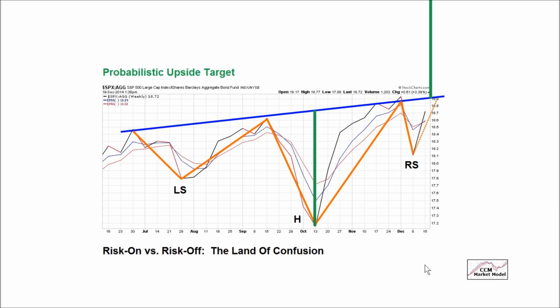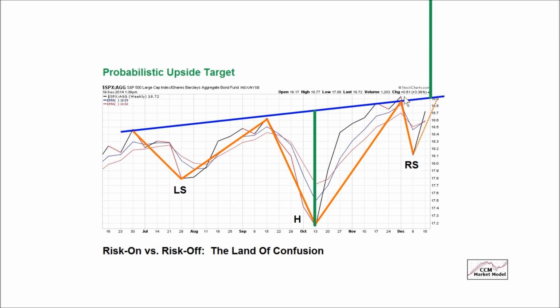If we want to produce a back of the envelope probabilistic forecast or target out of this pattern, you take the distance from the bottom of the head back to the neckline, and then you extrapolate from there. This move here should be very, very similar probabilistically. If the pattern plays out, this move should be similar to this move here.